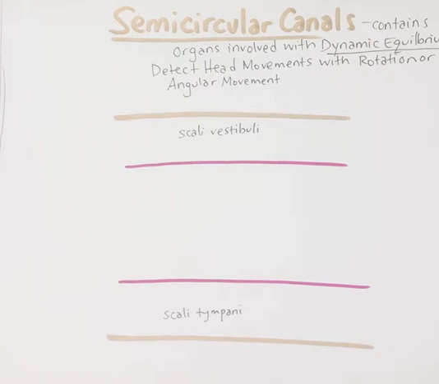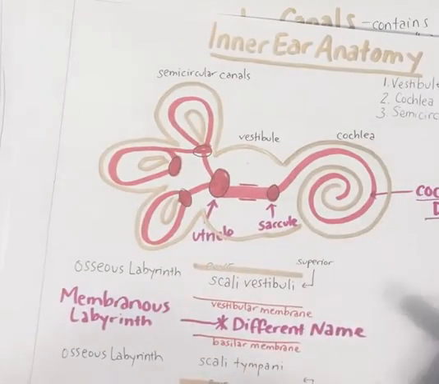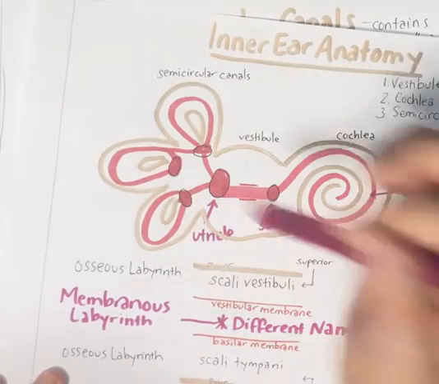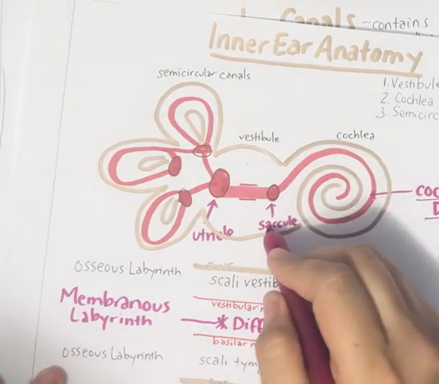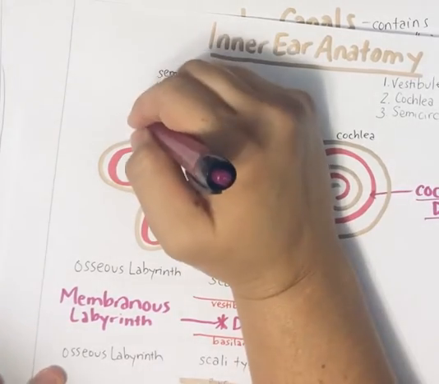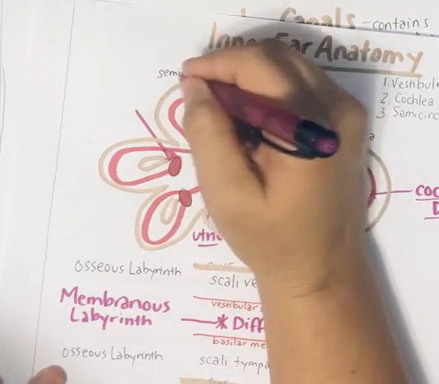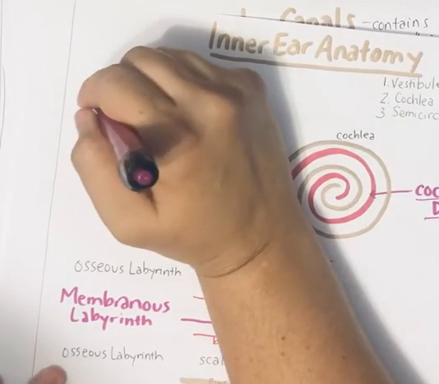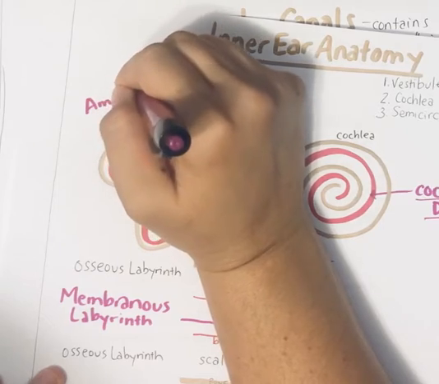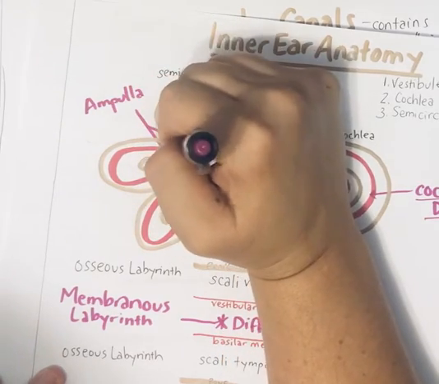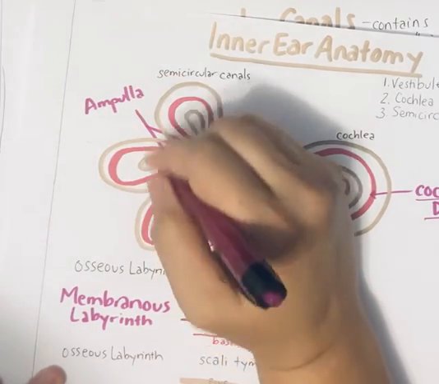So when we talk about the semicircular canals, there's 3 semicircular canals. So the membranous labyrinth in the semicircular canals, right here, and right here, there's 3 semicircular canals. These are known as the ampulla. So there's an ampulla here, here, and then a third one right here.